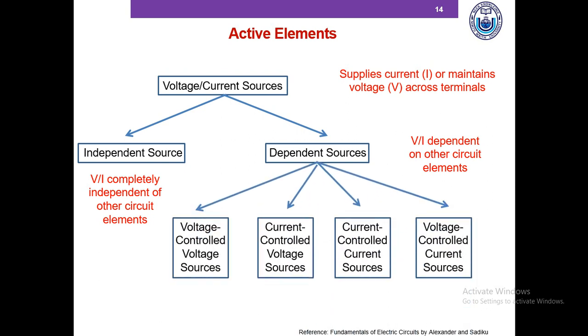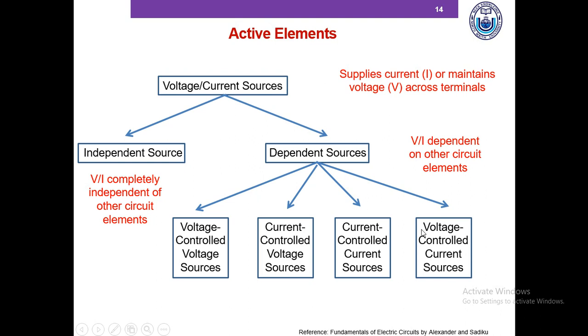So dependent sources can further be subdivided into 4 categories. These 4 categories are voltage control voltage source, current control voltage source, current control current source, and voltage control current source.